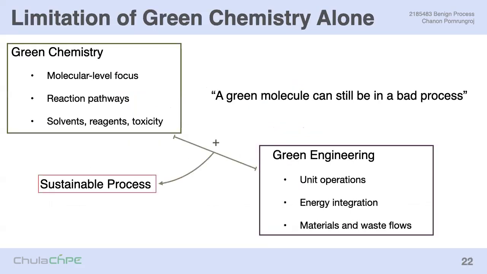I think you already understand it. So the differences, let me say it again. In green chemistry, we deal with the molecular level: focus, reaction pathway, solvent, reagent, toxicity, while in green engineering, we deal with unit operations, integration, energy integration, materials, waste flow, separation, for example.